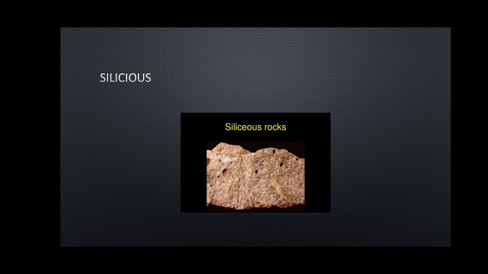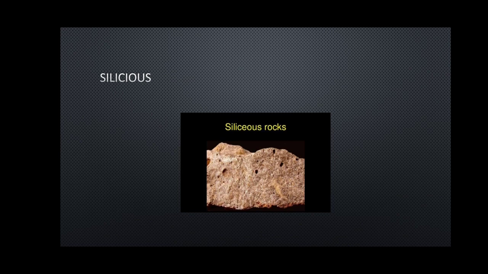Then the calcareous rocks, in which the chief constituent is lime, and the rocks formed are limestone and marble. These two are the calcareous rocks. Calcareous is calcium carbonate, which is actually the lime.